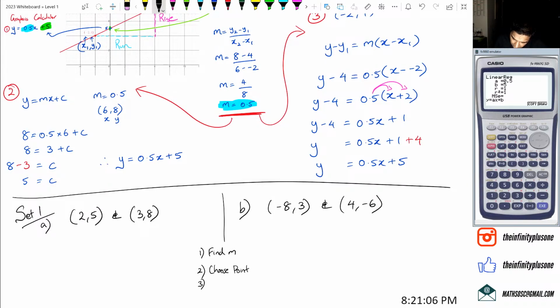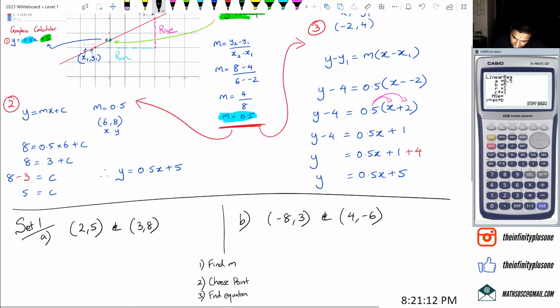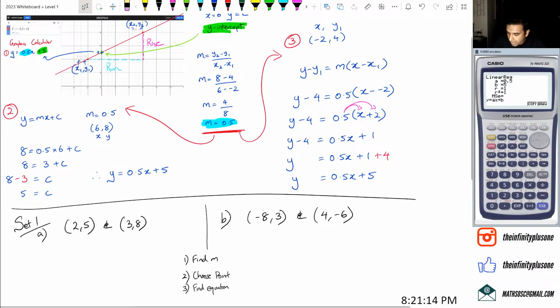And step 3, find the equation. So I want equations for both of these questions, and I'll leave the working up there so that you can have a look at it.